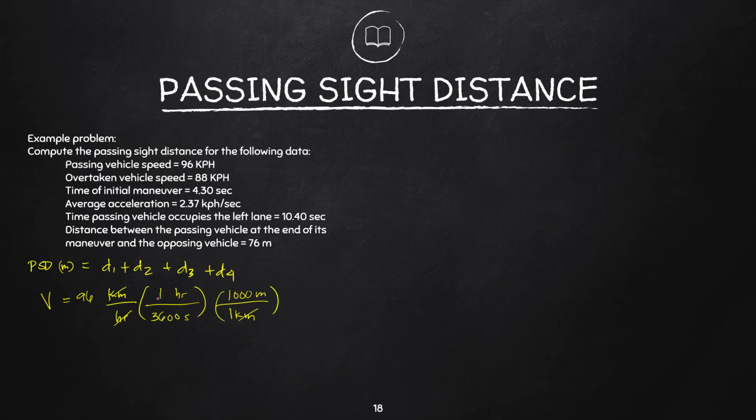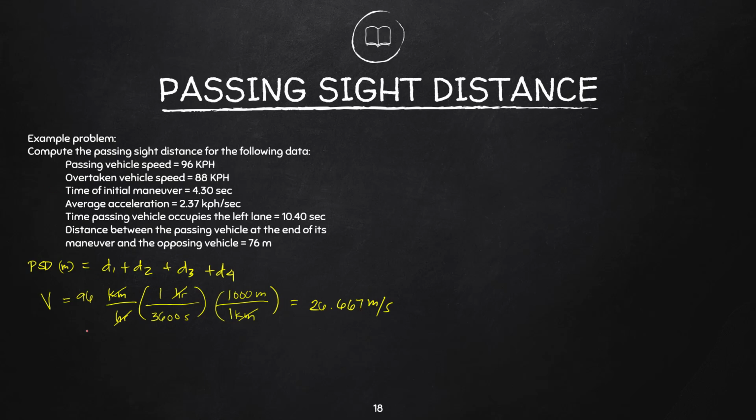Cancelling these units, we will have your velocity in terms of meters per second. So 96 times 1,000 divided by 3,600 is equal to 26.67 meters per second. I want to use 3 decimal places.